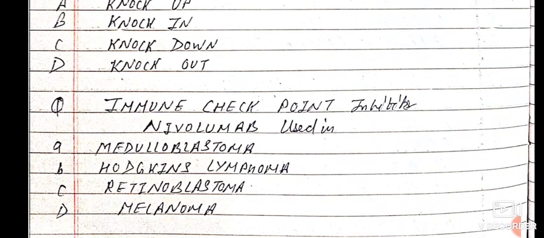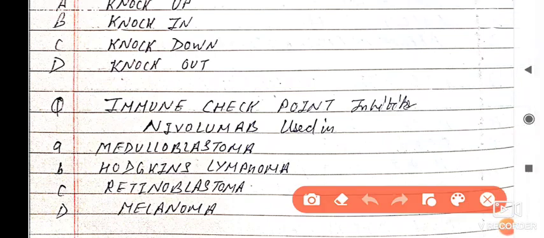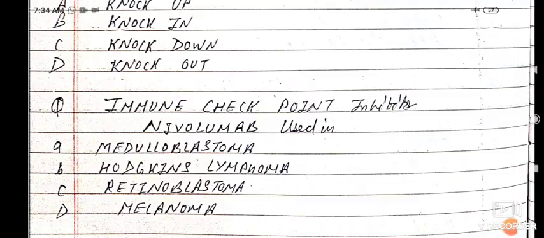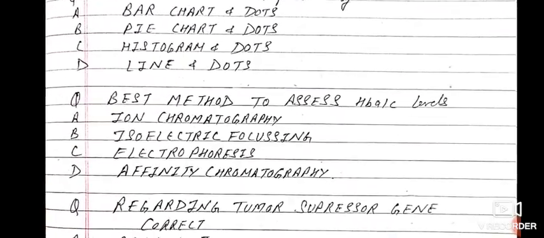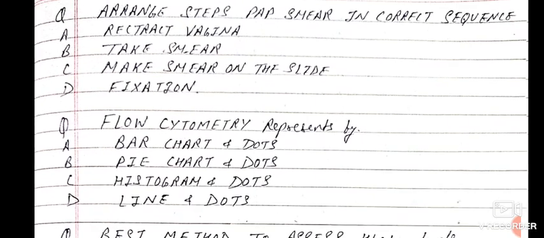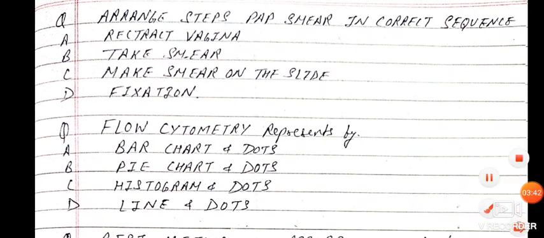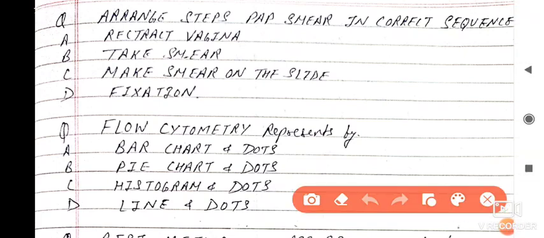Okay, now immune checkpoint inhibitor nivolumab is used in, so this one is mainly useful in Hodgkin's lymphoma. Now arrange the steps of a pap smear in the correct sequence.